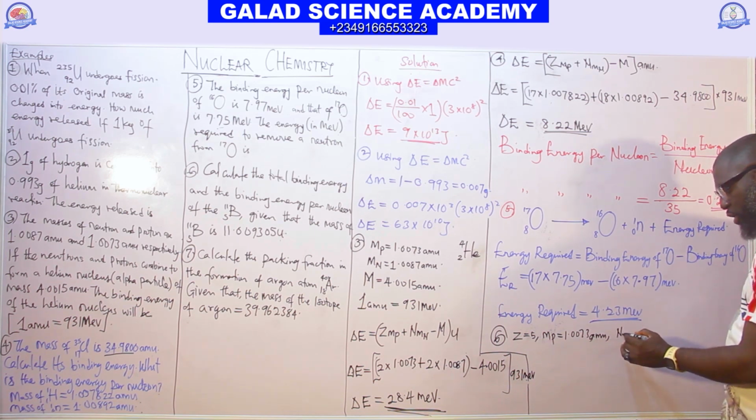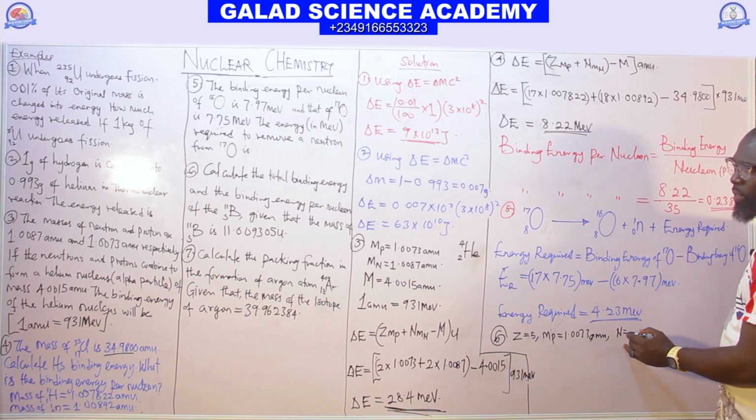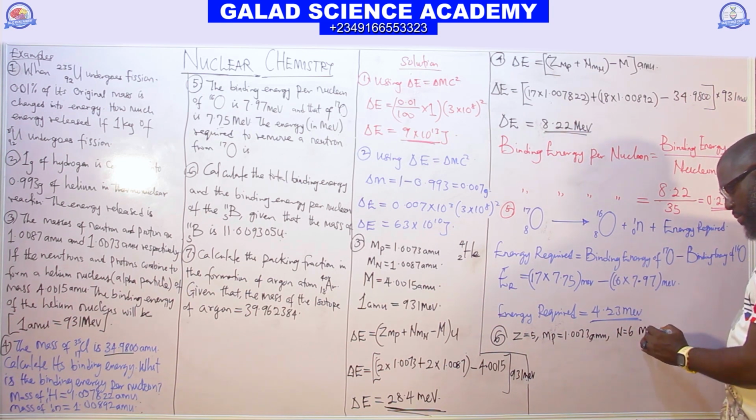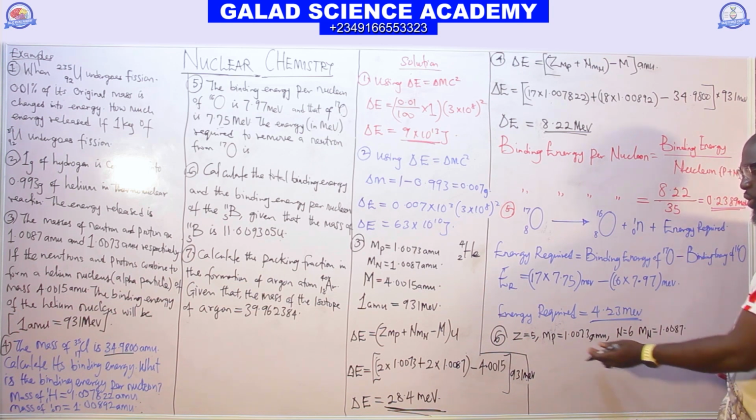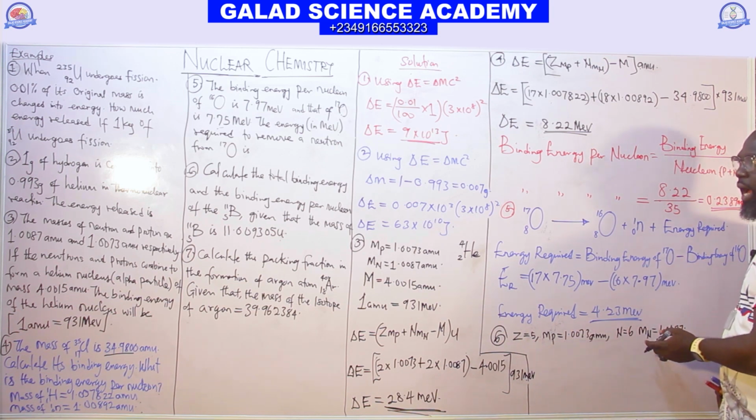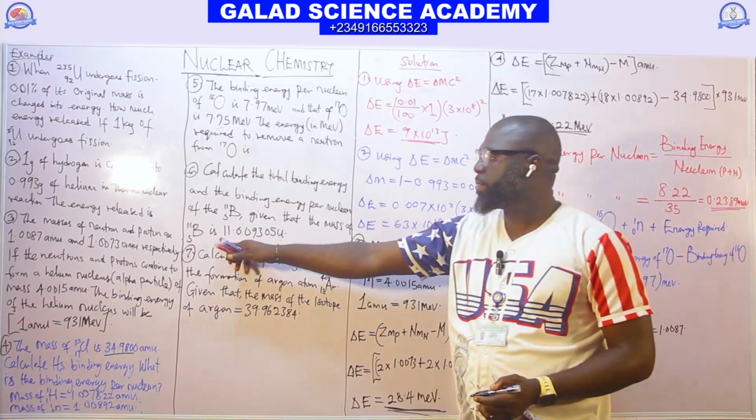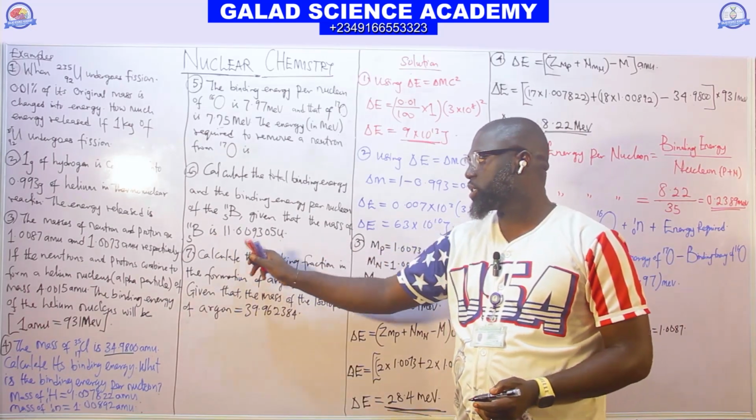So the number of neutrons is 11 minus 5, which is 6. The mass of a neutron is 1.0087.